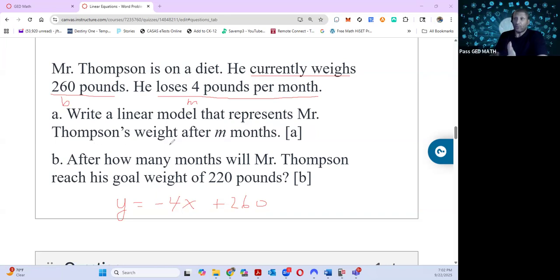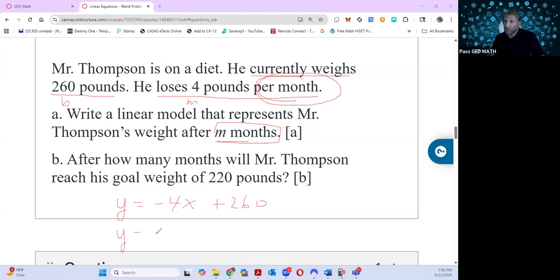So after this, write a linear model that represents after M months. So instead of X, 4 pounds per month, it's telling you what the variable is. M stands for months.